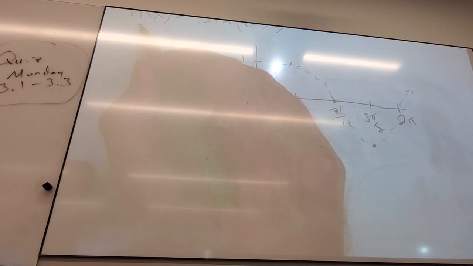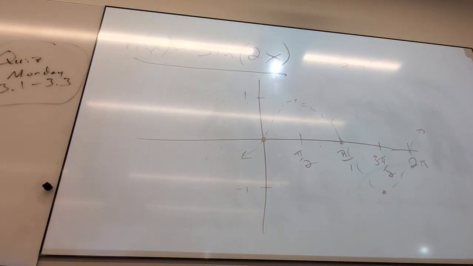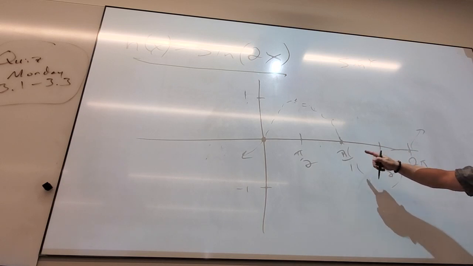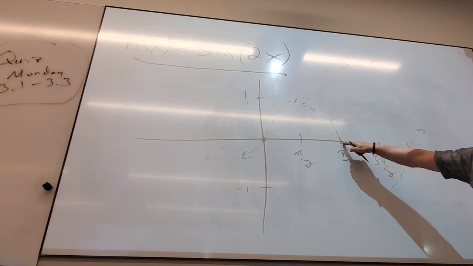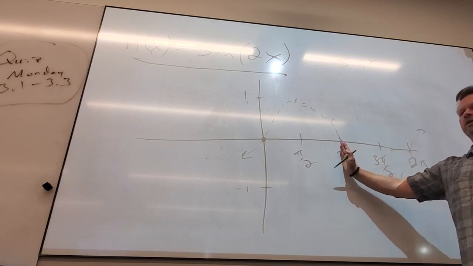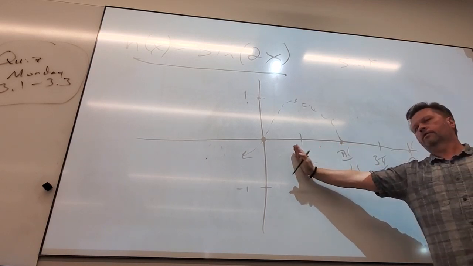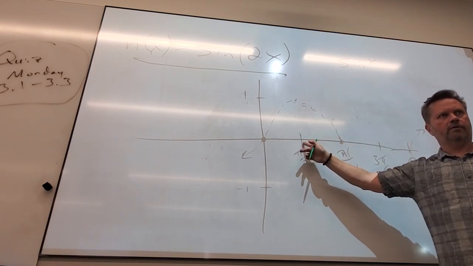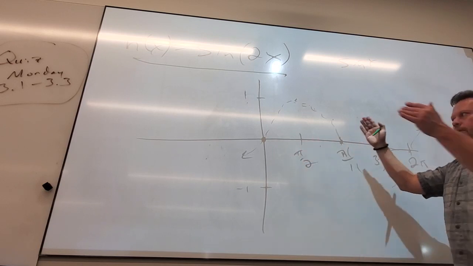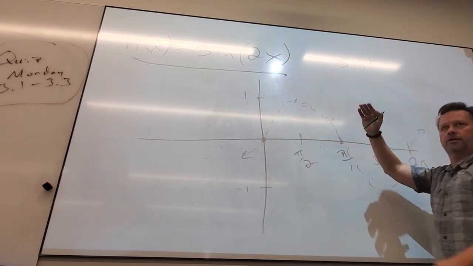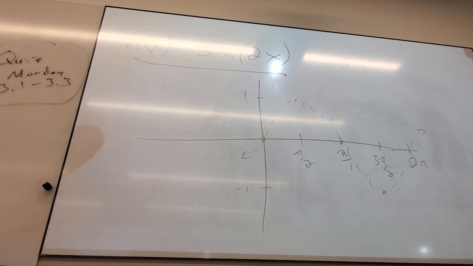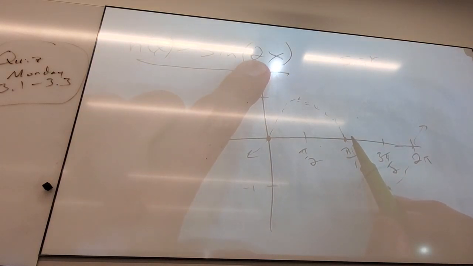So if I want to graph this, every input that used to have a certain output will now be half as big. It's a very strange thing. Pi used to give me an output of 0. If I cut that input in half, pi over 2 now gives me an output of 0. So if I cut every input in half, this point gets cut in half.